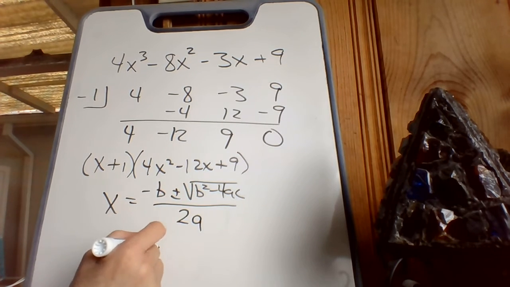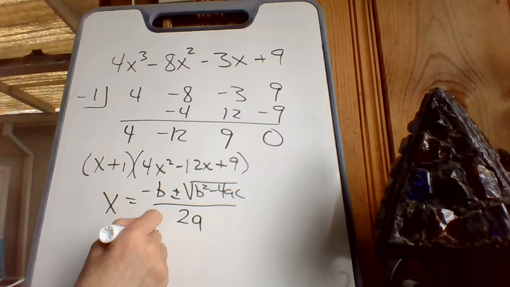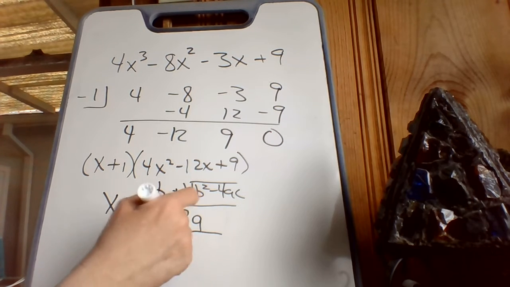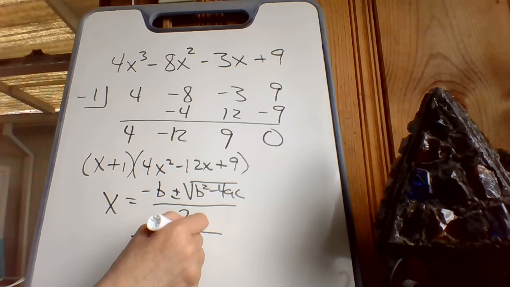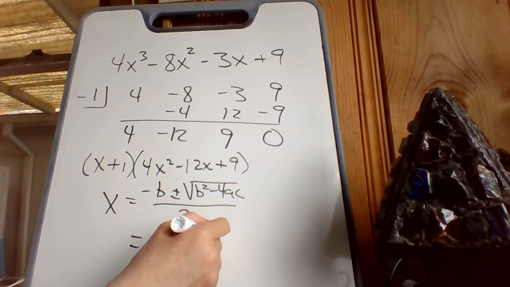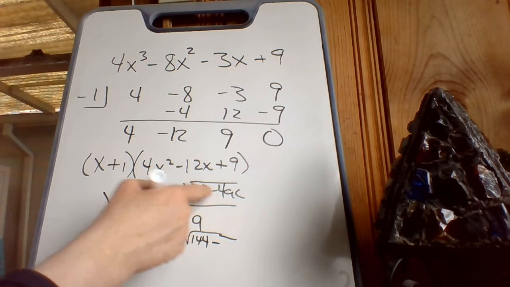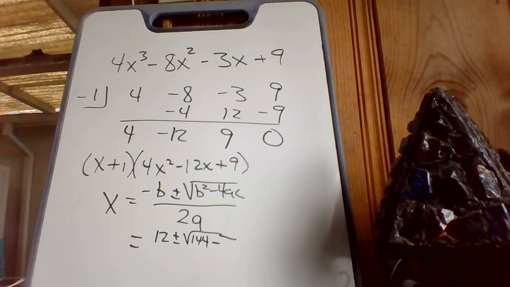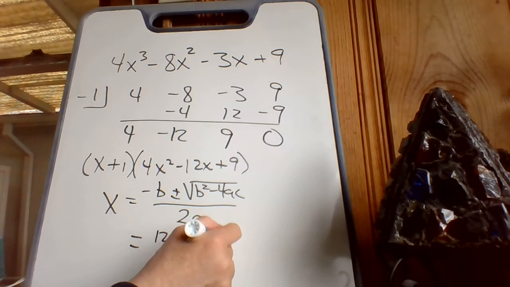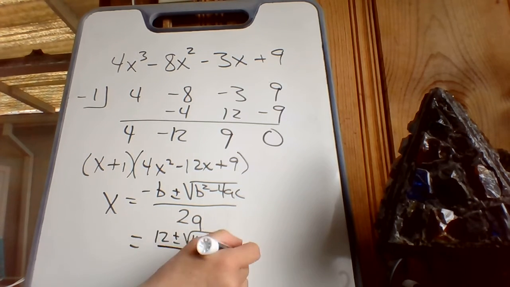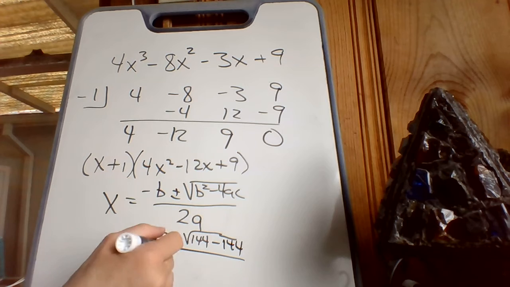So in this case, negative of -12, so 12 plus or minus the square root of 144 minus 4 times 4 times 9. Better get my calculator. Okay, 4 times 4 times 9 turns out to be 144, all over 2 times 4.